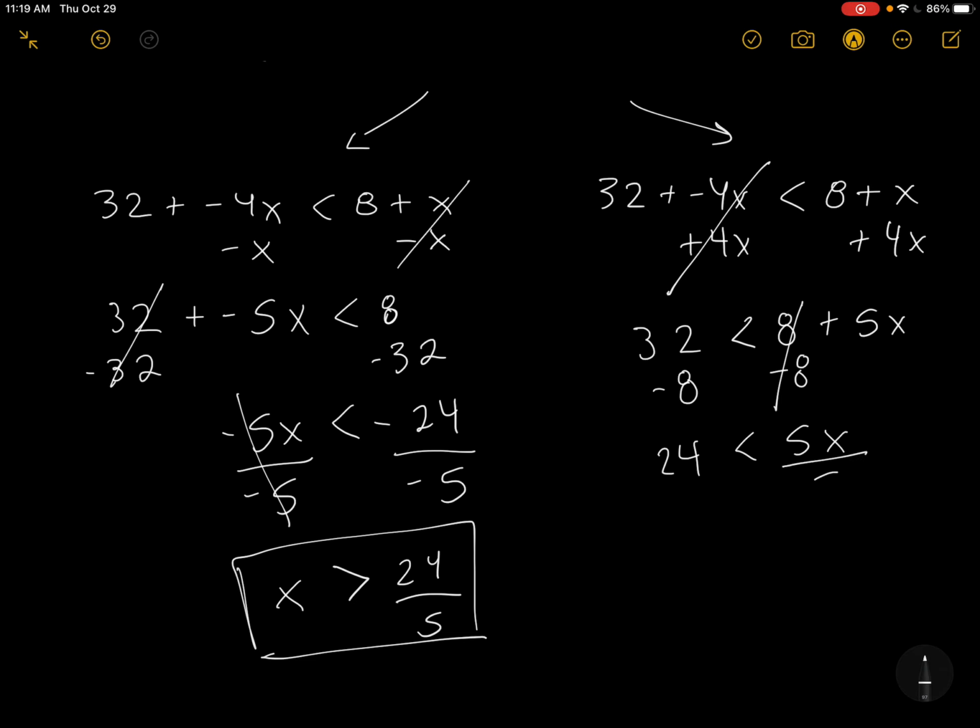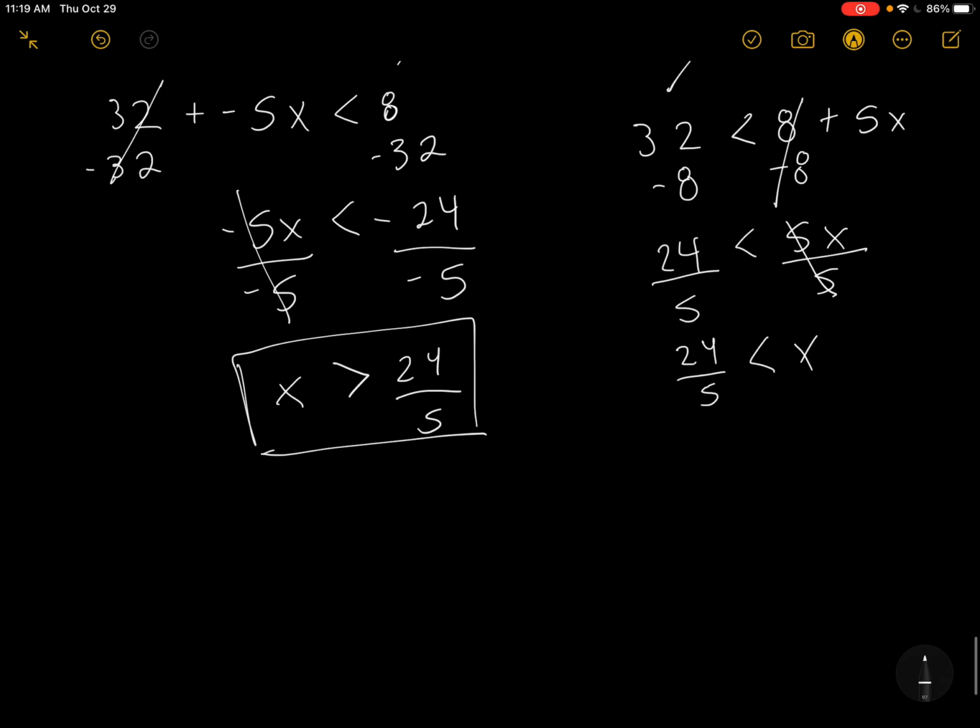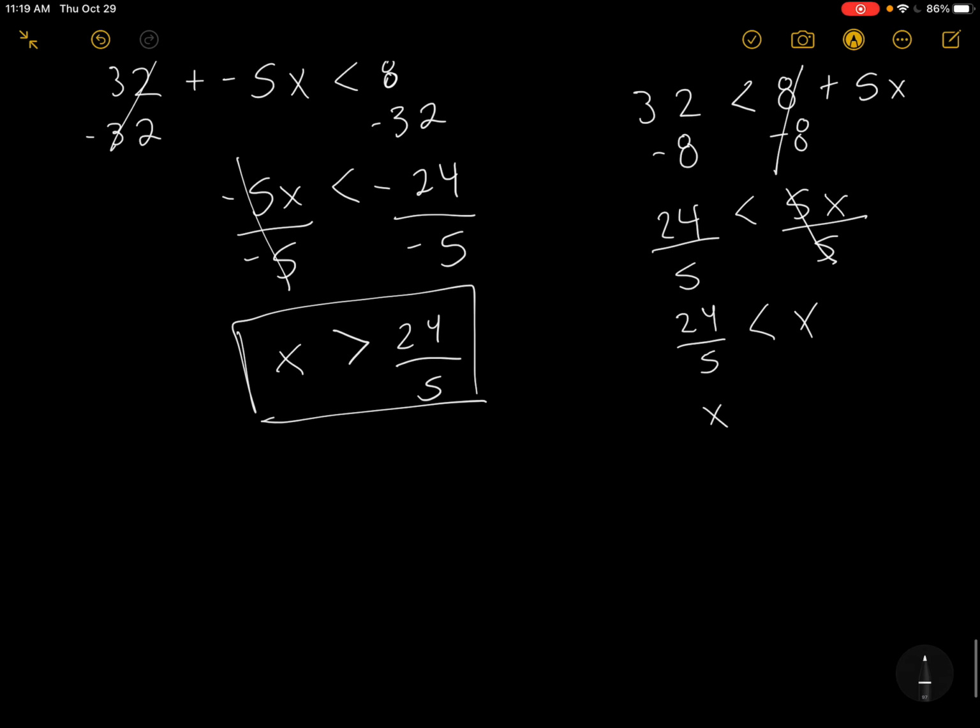Okay, I need to get rid of the 5. This time I'm dividing by a positive, so I actually don't have to flip my sign. So then x is greater than 24 over 5ths. If it helps you to always have the x on the left side, you can. Just remember the greater than is pointing at the x.